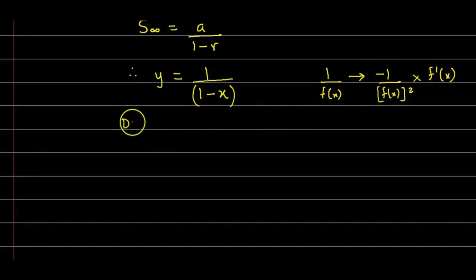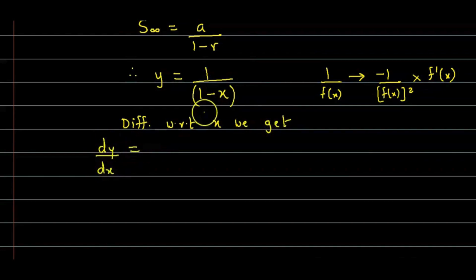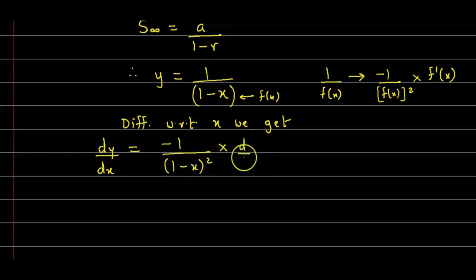So applying the chain rule, differentiating with respect to x, we get dy by dx is equal to, now this is our function f x, so we simply use the chain rule. So this will be minus 1 upon 1 minus x the whole square into the derivative of 1 minus x.